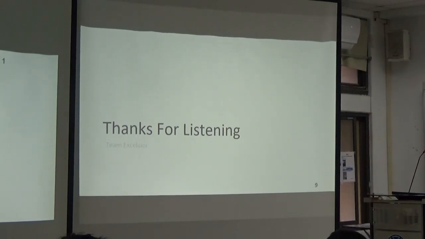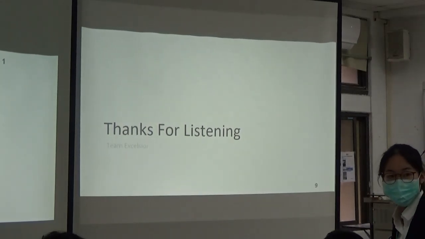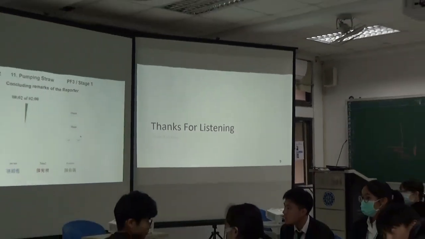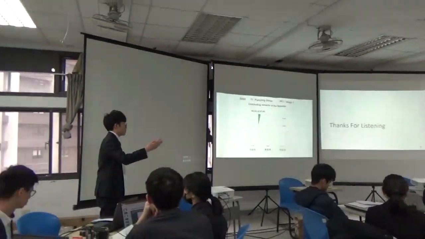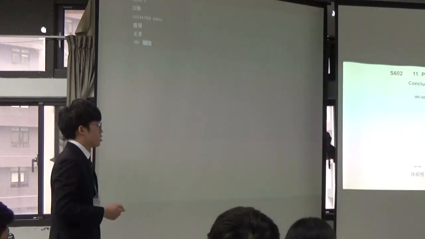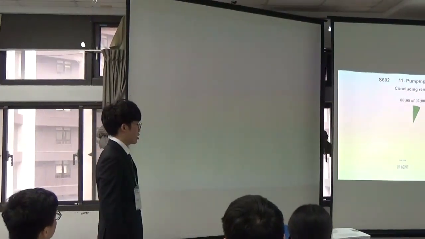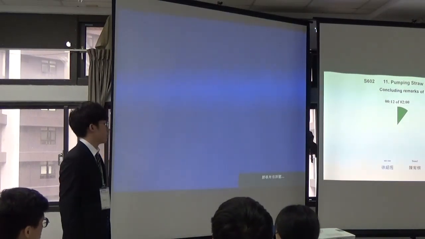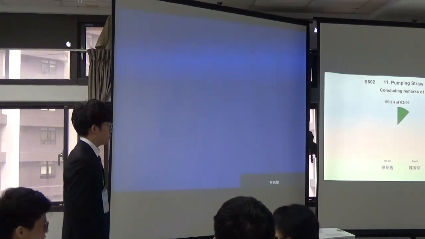Okay, and concluding remarks. Well, I believe the opponent and the reviewer have contributed a great deal to this discussion, so I would like to appreciate that. But there are several points that I would like to reiterate or explain.